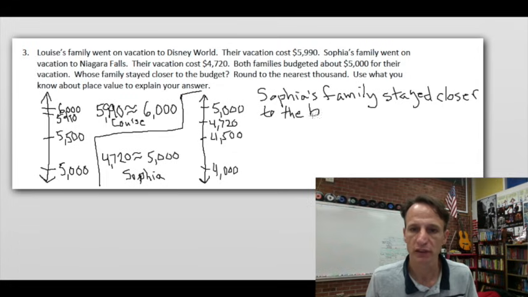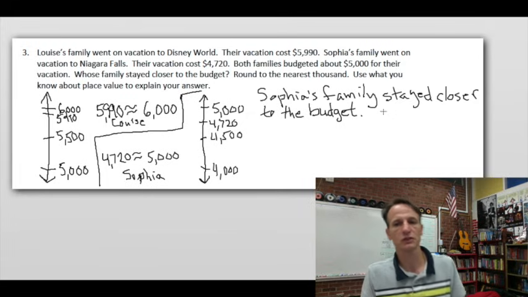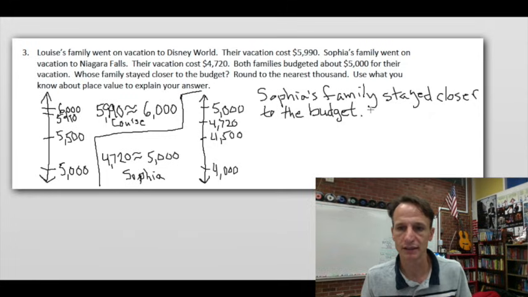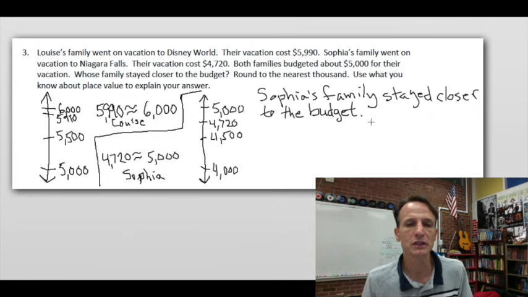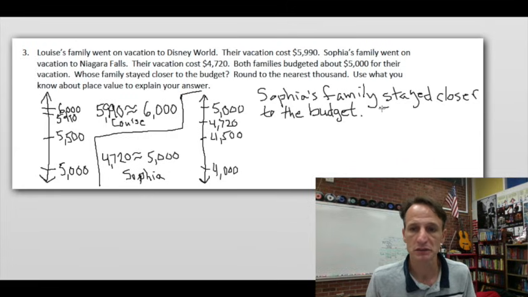And notice the spelling of budget, it's right there. You should spell it correctly. Kind of got a strange spelling, perhaps, in your mind. Sophia's family stayed closer to budget. Now we have to explain our answer. We are not yet done. So how do we know this? Okay, I know this. We can just say straight out.